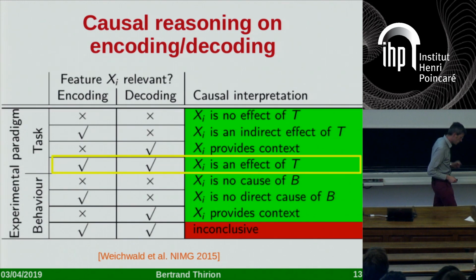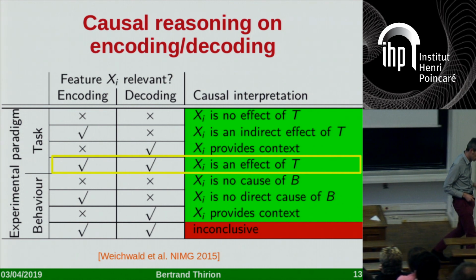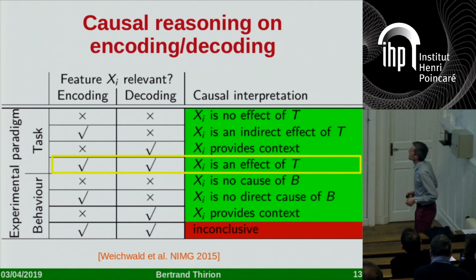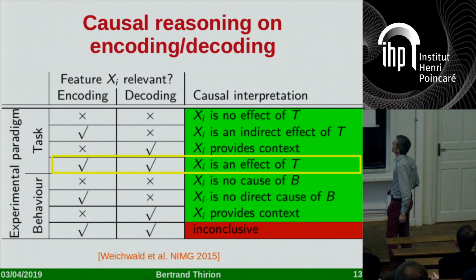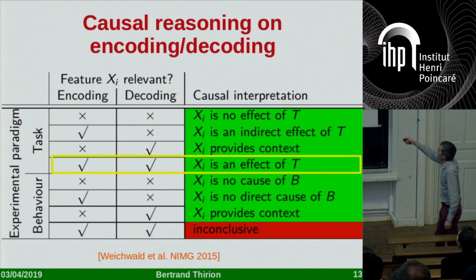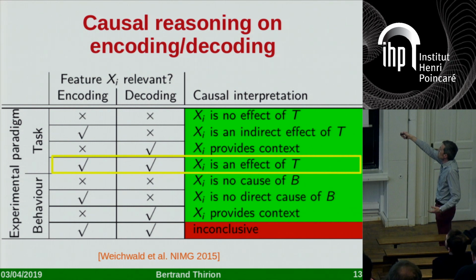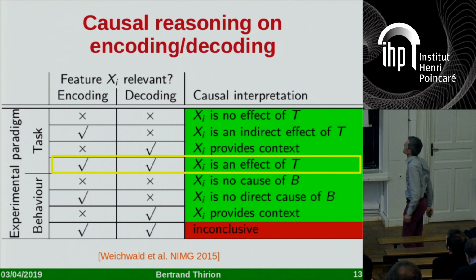But if you do the two types of inference simultaneously, and you consider the results of both, then the result is much more encouraging. For instance, in the case of a task that was presented, and you look at the response to the task, if you can reject both the marginal and the conditional independence hypothesis, then you can fairly conclude that the activity in region i is an effect of the task.